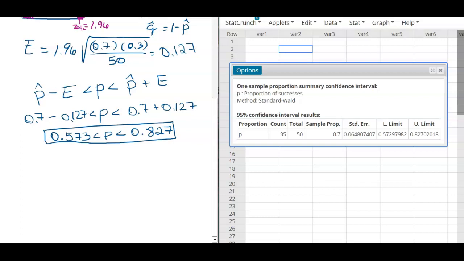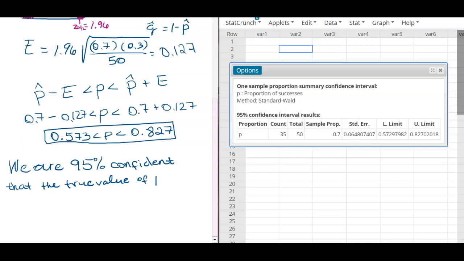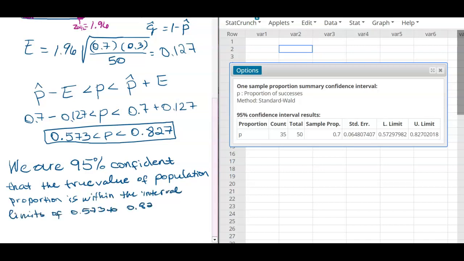So we always say we are, in this case, 95% confident that the true value of the population proportion is within the interval limits of 0.573 to 0.827. Or if you want to convert it to percentage, we're not asked in this case, but sometimes they do ask, that would be from 57.3% to 82.7%.